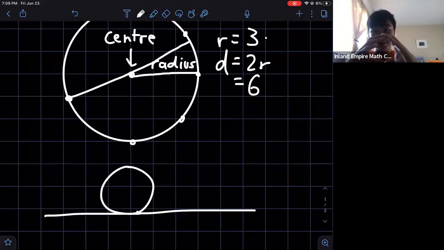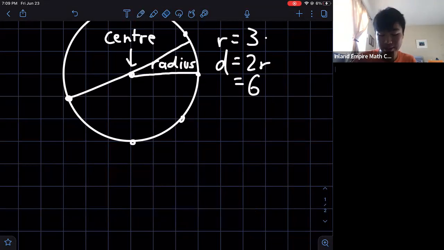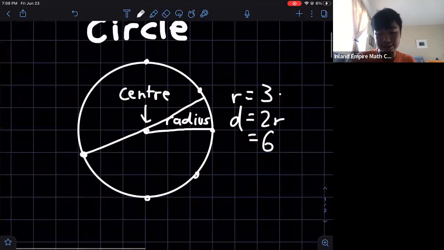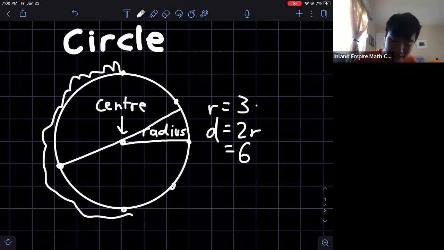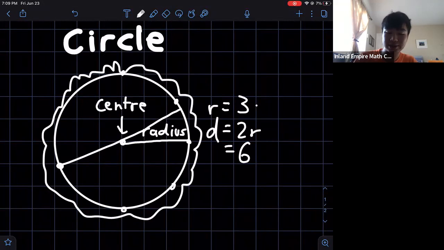It used to be a circle like this, and then you unwound it. That would be the distance all the way around the entire circle. That's called the circumference. It would be as if a person was walking along the entire thing, and how much distance would they have to walk to get back to the point they started at?